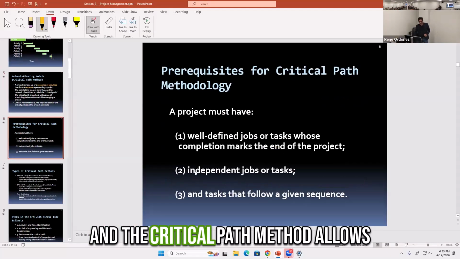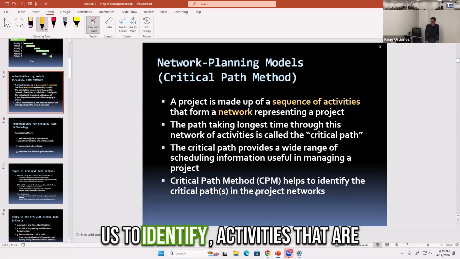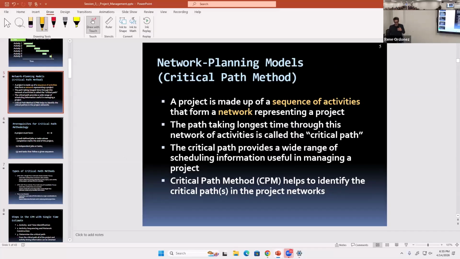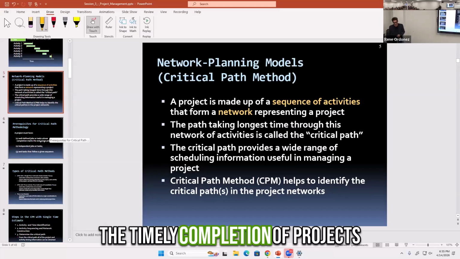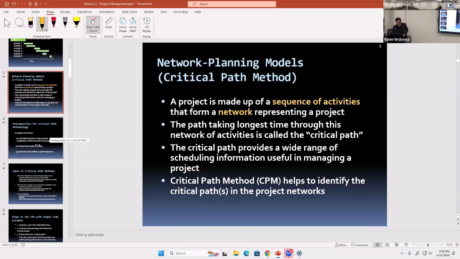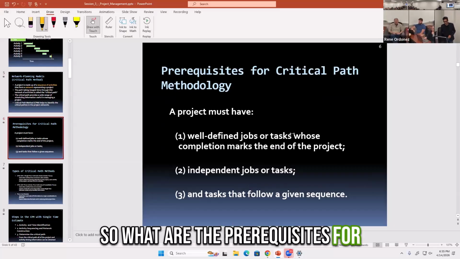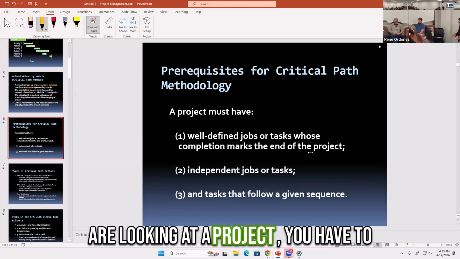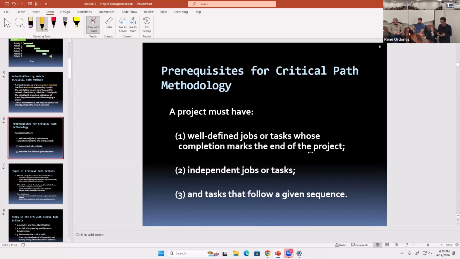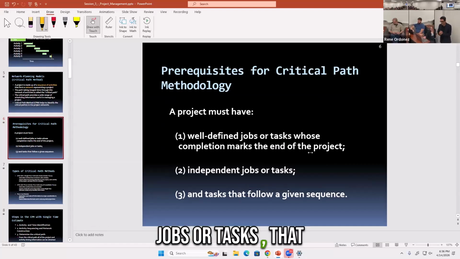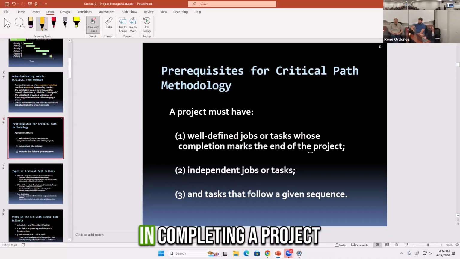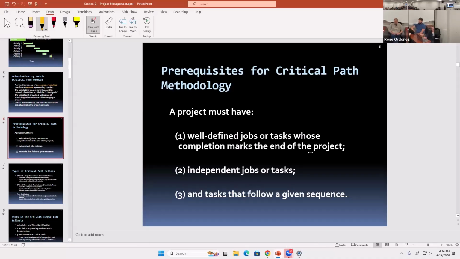And the critical path method allows us to identify activities that are essential in the timely completion of projects. So what are the prerequisites for the critical path method? When you are looking at a project, you have to define jobs or tasks that are important in completing a project.